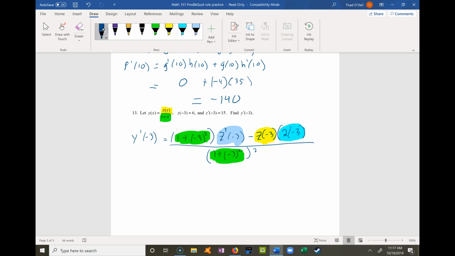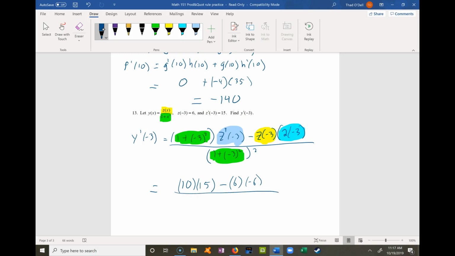Okay, so now we're going to simplify all this. Negative 3 squared is 9, plus 1 is 10, so that'd be 10. And z prime of negative 3 is 15, according to my information up there. Z of negative 3 is 6, according to my information up there. 2 times negative 3 would be negative 6, according to that right there.